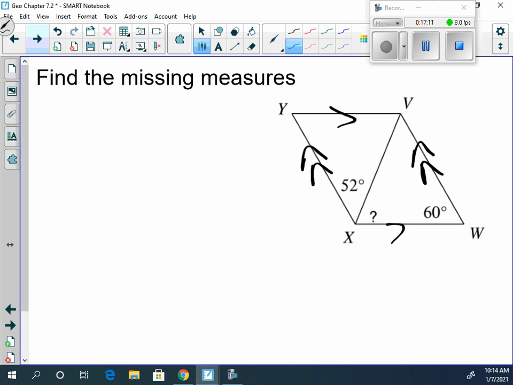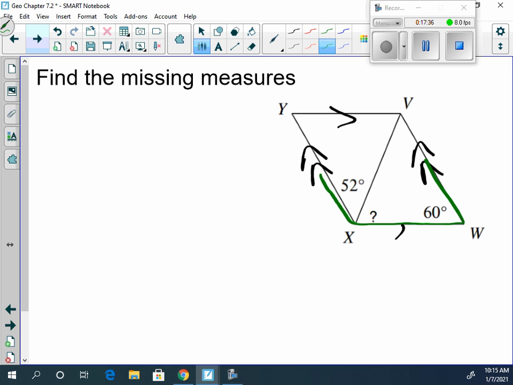So we're wanting to find this one here specifically first, because they gave us a question mark. Because these angles as a whole, 52 and that one that we don't know, and 60 are still consecutive angles. They're next to each other. Now the question mark angle and 52 are really together.